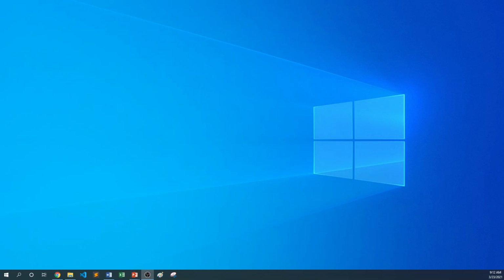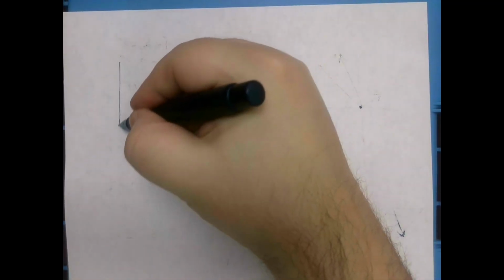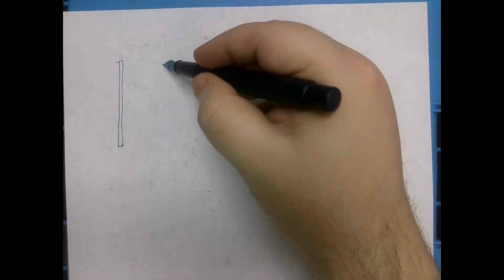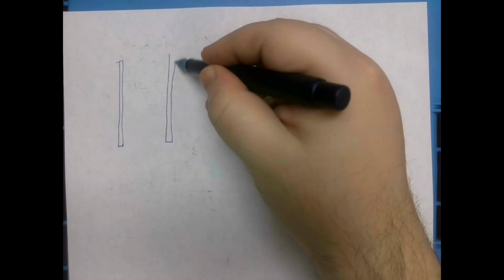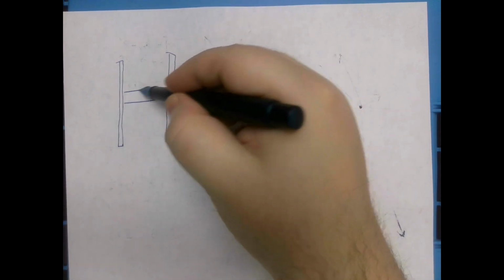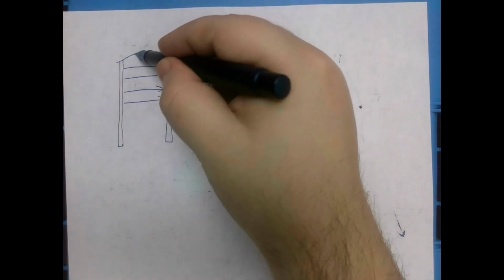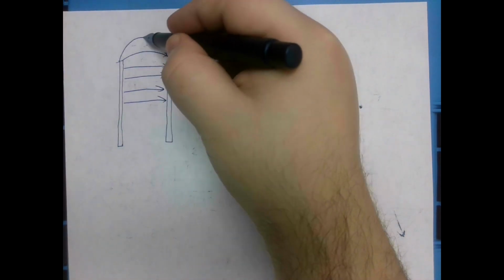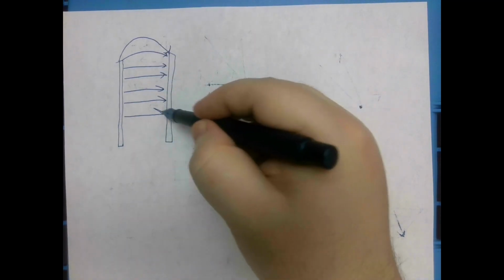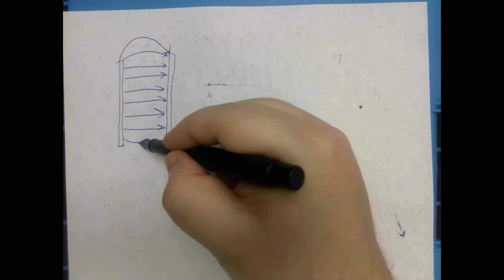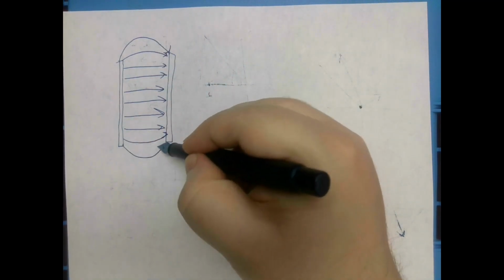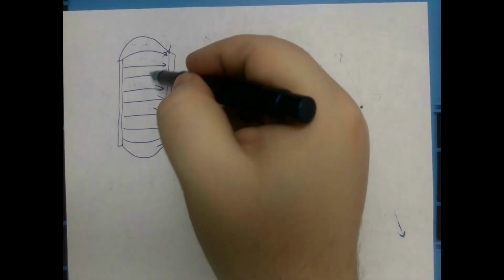So if you wanted to create a parallel uniform field, you take yourself two plates, and as long as you're not near the edges, we have a basically parallel field inside.